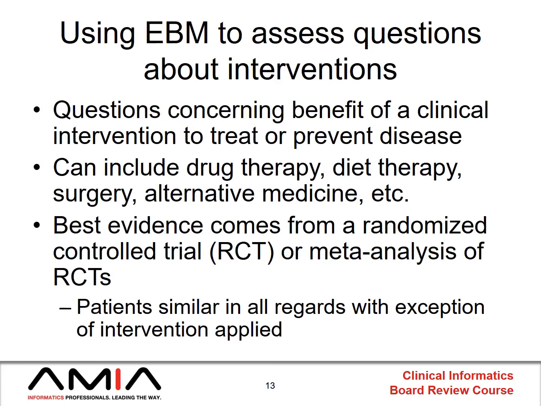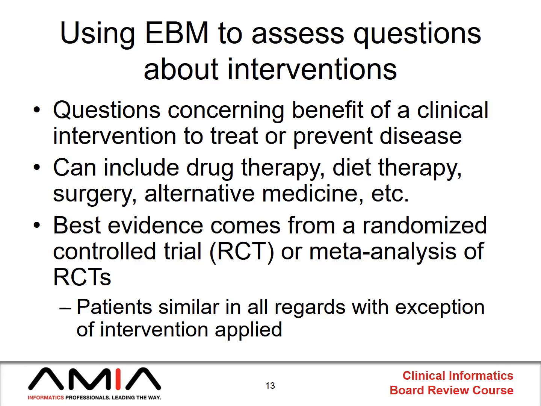Let's focus in on using EBM to assess questions about interventions or treatment or therapy. Again, we're looking at questions that concern the benefit of a clinical intervention to treat or prevent disease.